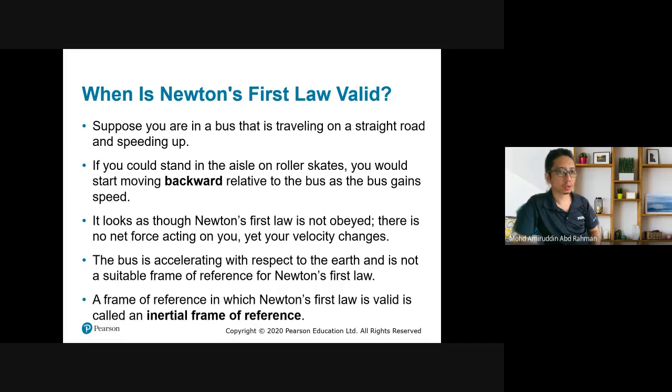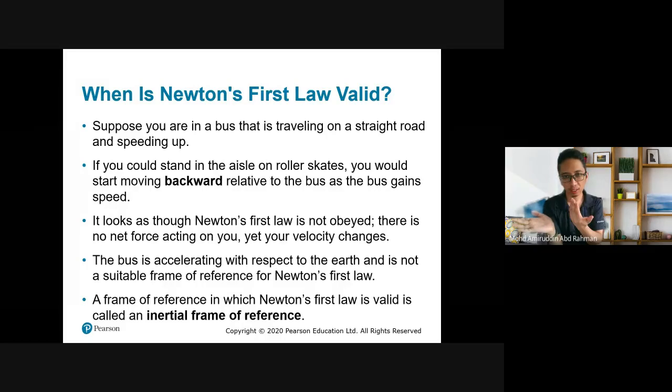Here we give a different example. Let's say you could stand in the aisle on roller skates. You would start moving backward relative to the bus as the bus gains speed. So when the bus is moving in, let's say, the x direction, there will be a jerk, as you can experience when you're standing inside the bus, right?